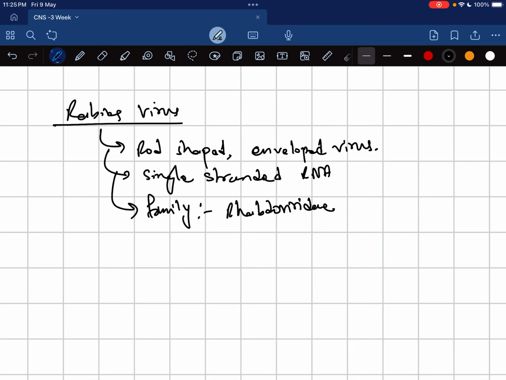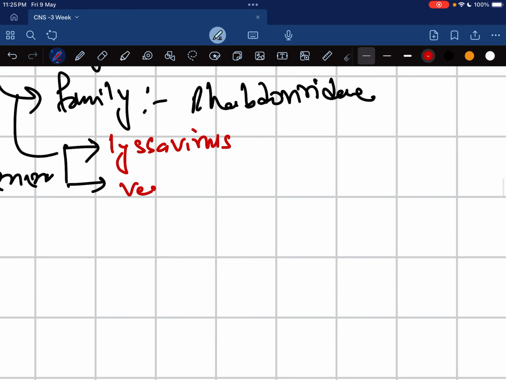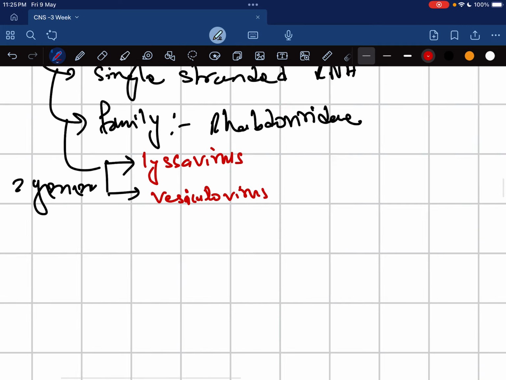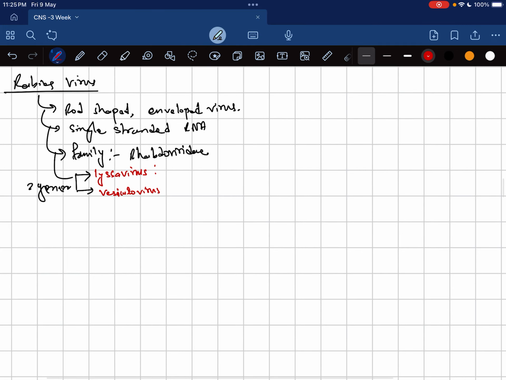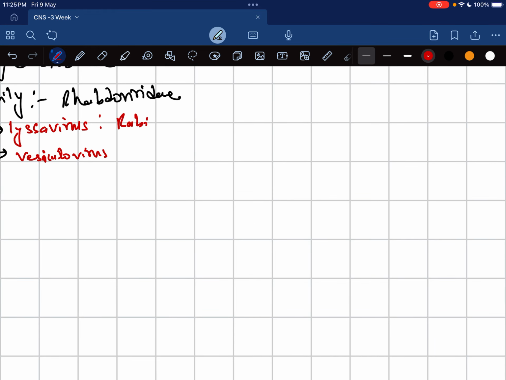and it has two genera. One is Lyssavirus, another one is Vesiculovirus. Regarding Lyssavirus, it includes rabies, Lagos bat virus, and rabies related viruses.